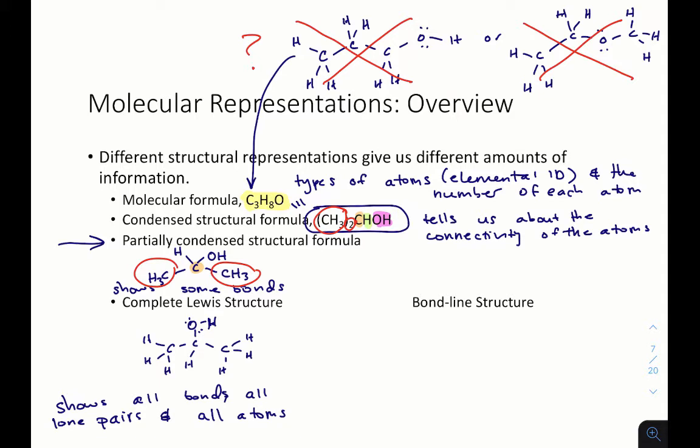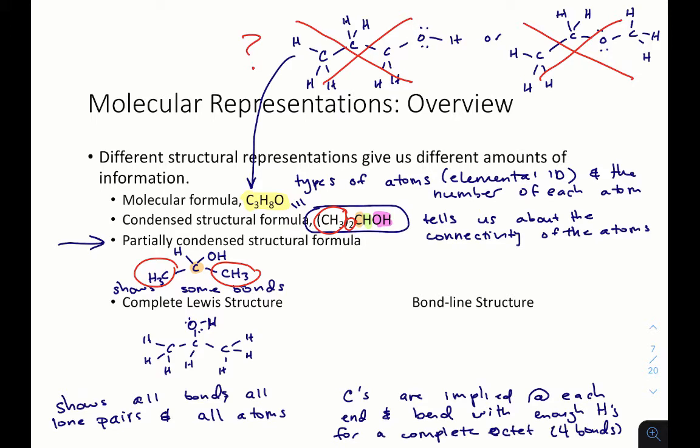So let's write out the bond line structure for this molecule. It's called isopropanol or isopropyl alcohol. So it's in rubbing alcohol. Now on a bond line structure, the carbon atoms are implied at each end and bend. You'll see what I mean in a minute, with enough hydrogens for a complete octet on each carbon atom.